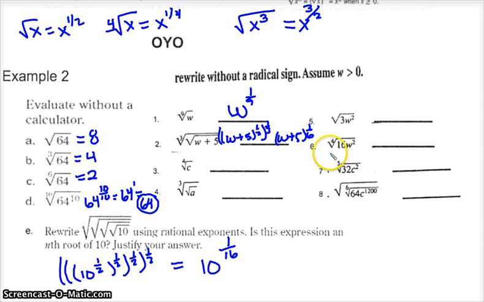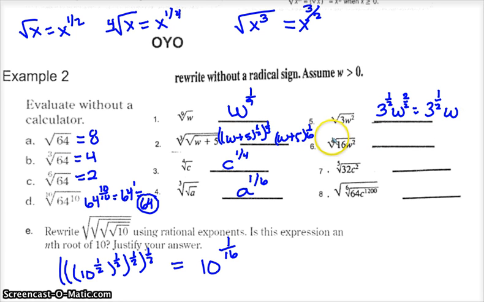Remembering to multiply the exponents. 3 should be c to the 1/4. 4 should be a to the 1/6. 5, I've got 3 to the 1/2 w to the 2/2, which is really equal to 3 to the 1/2 w.